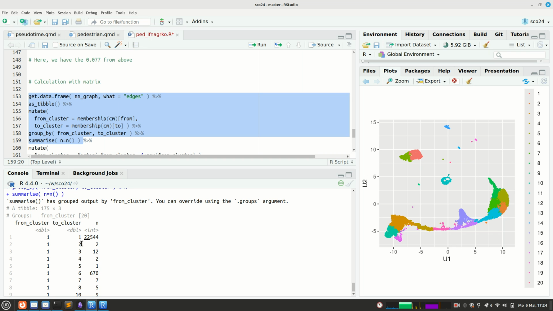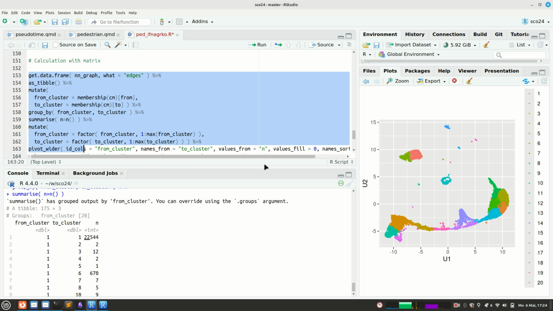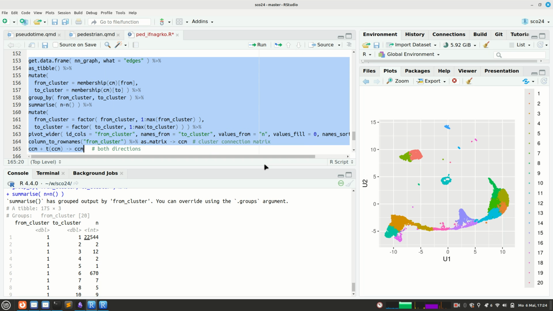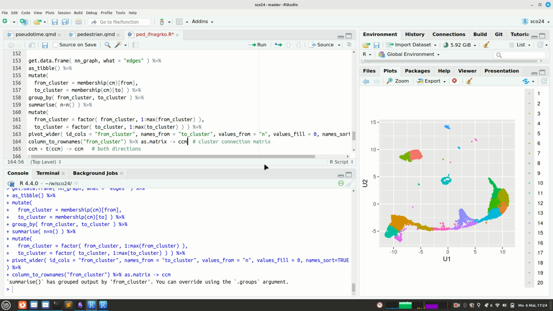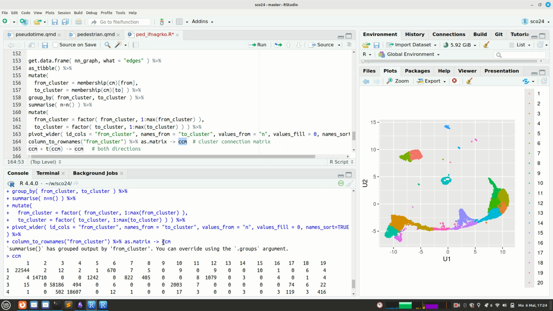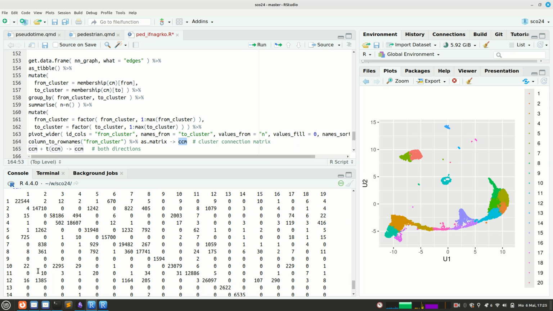From cluster 1 to cluster 2, there are 2. From 1 to 3, there are 12. And then I turn this into a matrix, because now it's below each other, and I want to have it as a matrix like this one, where I can read off from and to in these two directions.